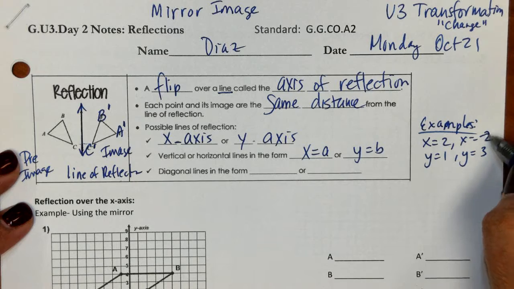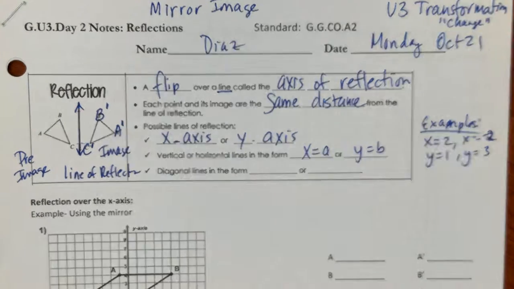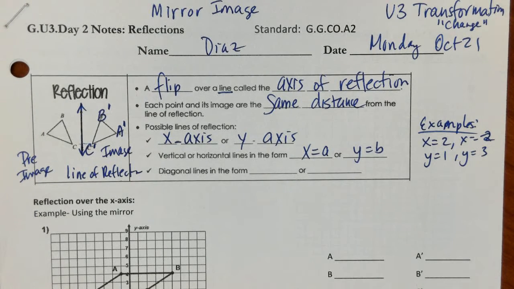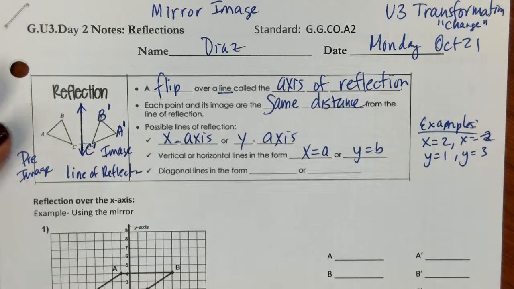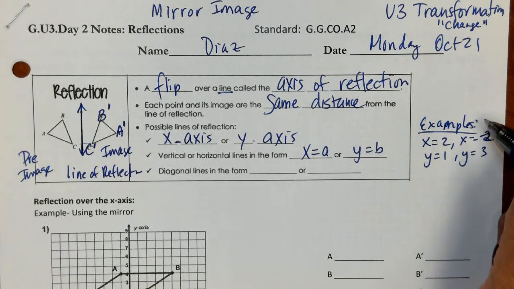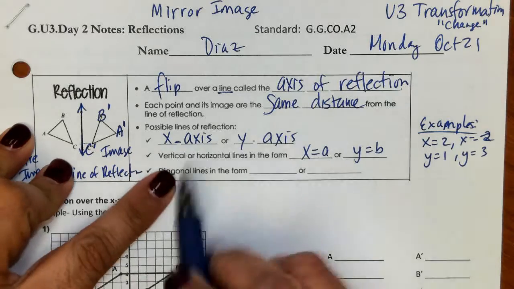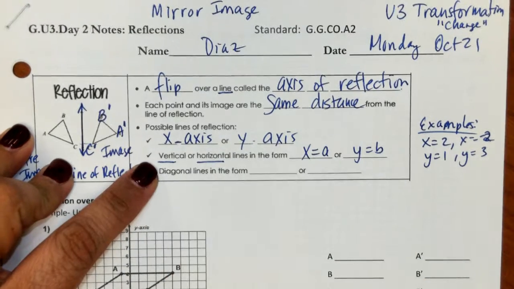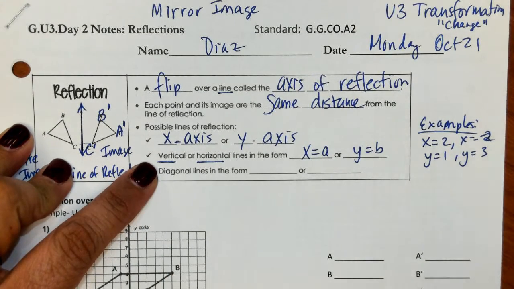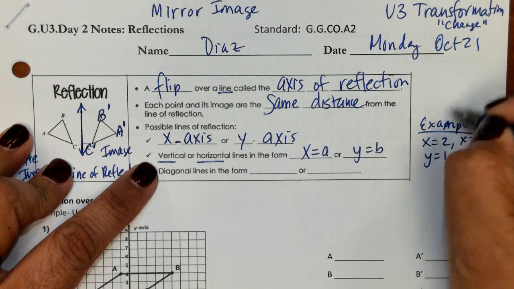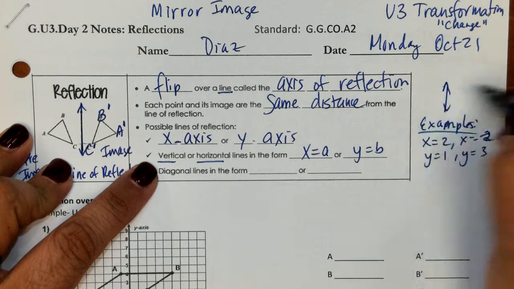These are all just examples, and we'll go more into it on the third page of the notes today. And then there are the diagonal lines. Just to be clear on which is vertical and which is horizontal: if all your x's are 2, that means you're going to have a vertical line, like x equals 2.